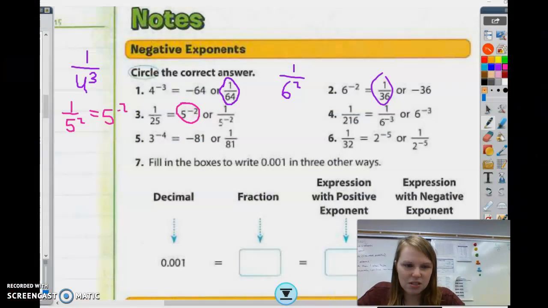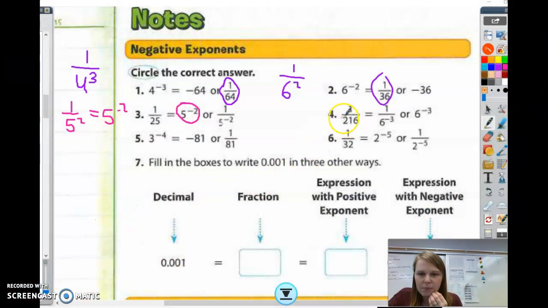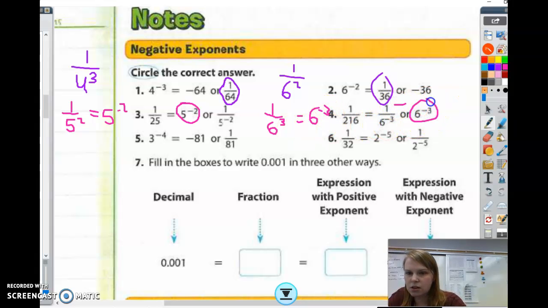Okay, so the answer is 6. So that means for this, we would be saying this is 1 over 6 to the third power. And then to flip this to the top side, that means the 3 would end up being negative. So we would say 6 to the negative third. So this one is our answer.